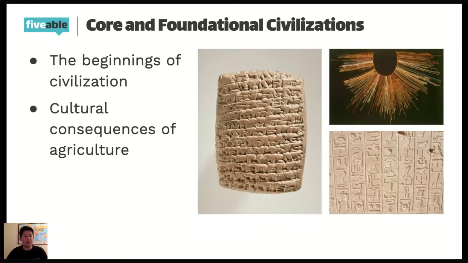Well, those transactions need to be recorded somehow, or if you're trading animals for wheat, you might want to keep track of those things. And so we start to see in different societies ways of recording that information. And then that recorded information starts to become more and more complex, and we even see systems of writing develop. And writing is one of those hallmarks of civilization as well, and certainly a major cultural consequence.